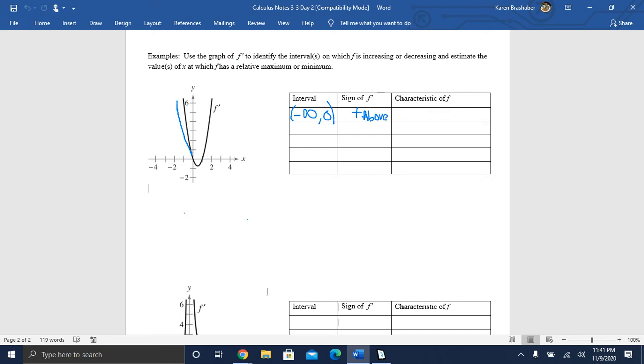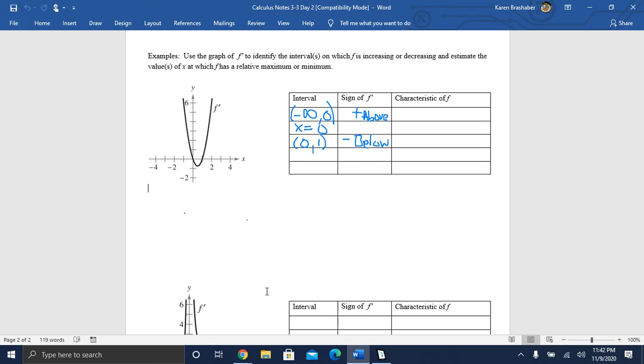And then from 0 until 1, so I'm going to put x equals 0, from 0 to 1, our graph is below the x-axis. So the sign of f prime is negative.